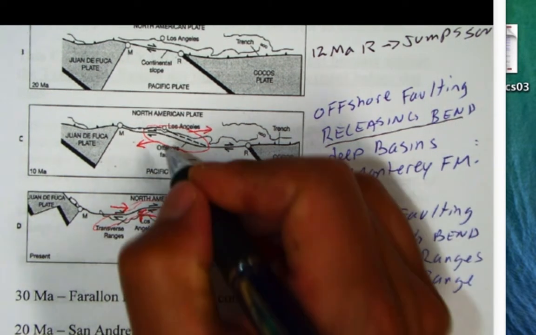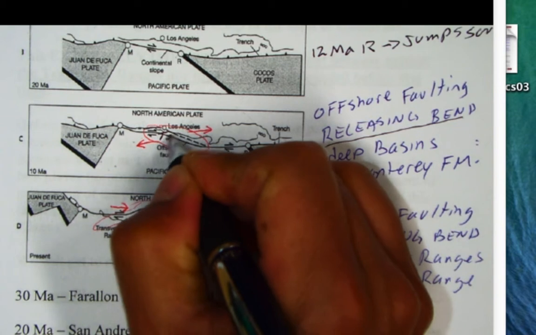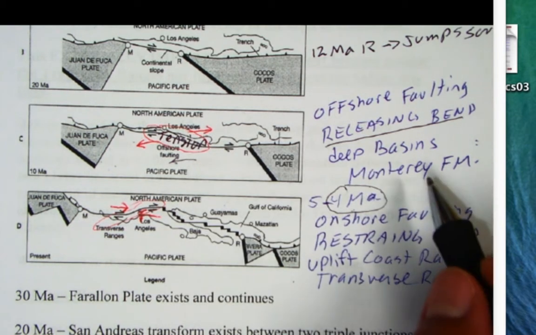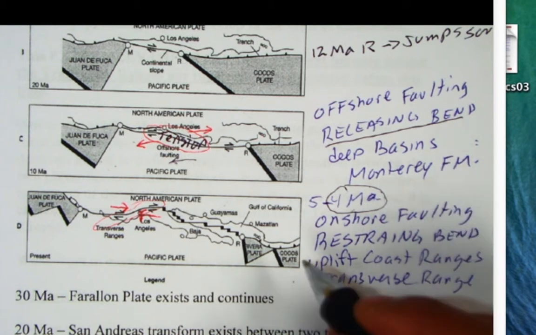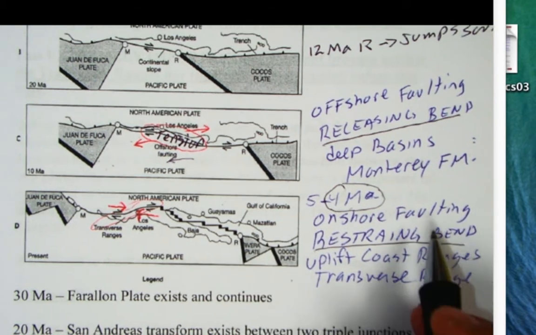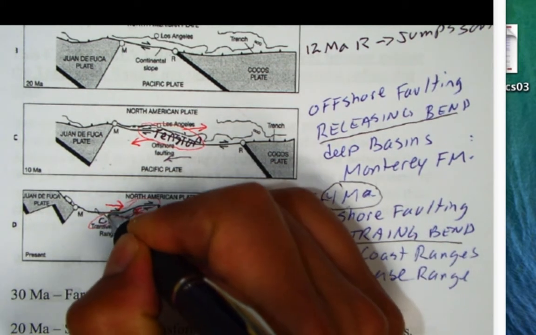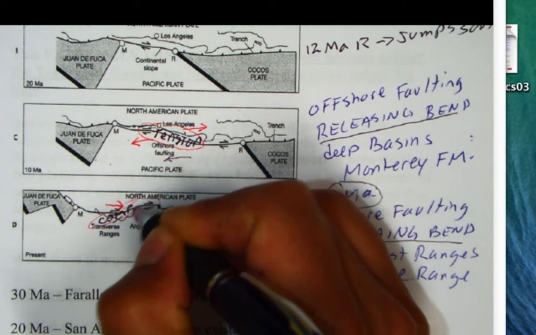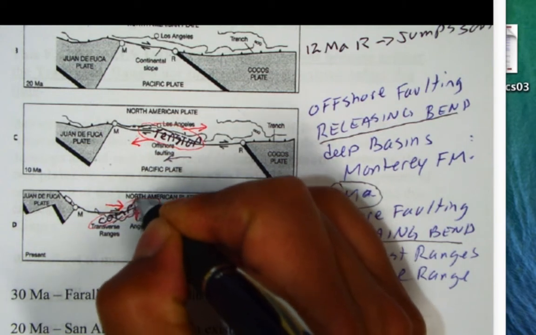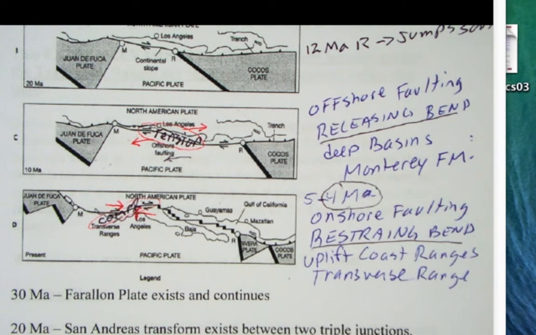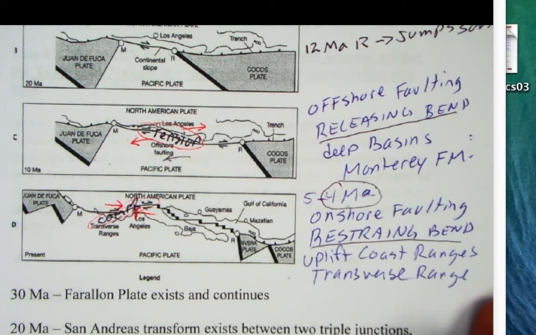So here we can actually put the word tension here, and tension results in opening a basin, those pull-apart basins. Whereas when we jump to a restraining bend over here, this is compression. So we're going to uplift the coast ranges and also the transverse ranges. And so I'll put compress there just for abbreviation. So we're going to uplift those mountains.